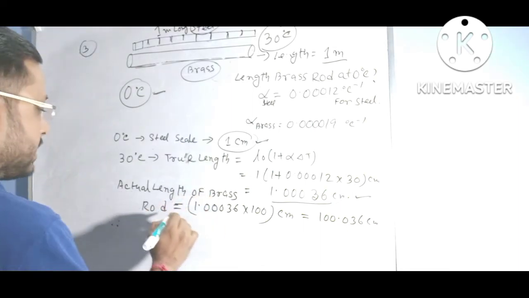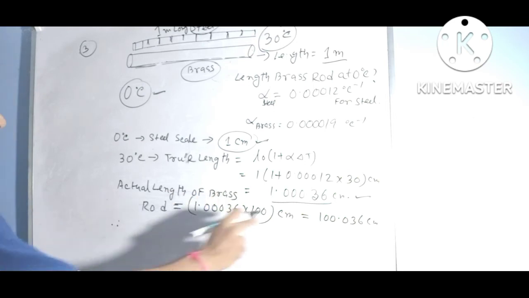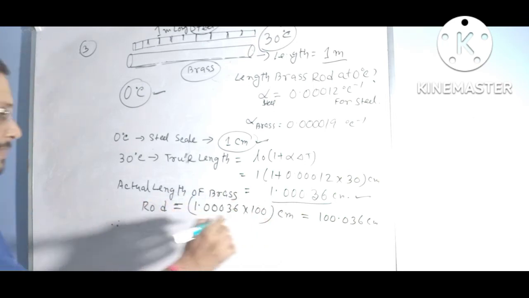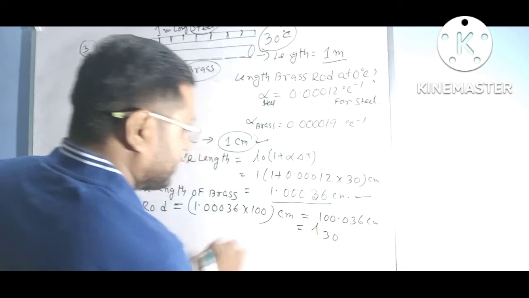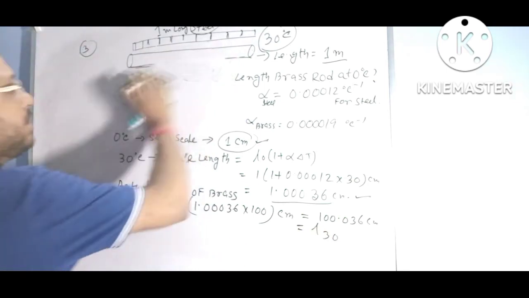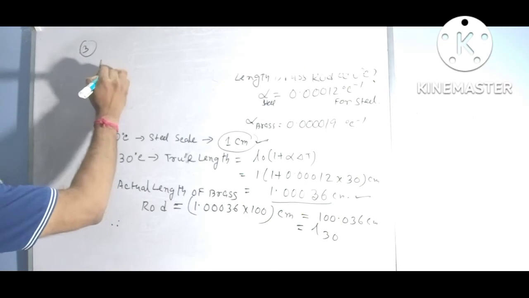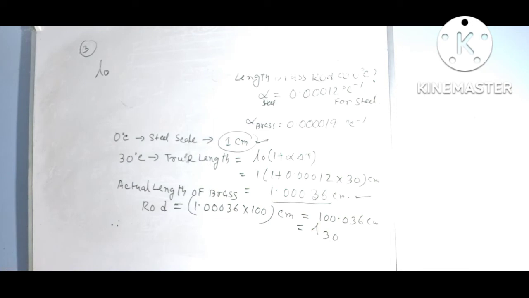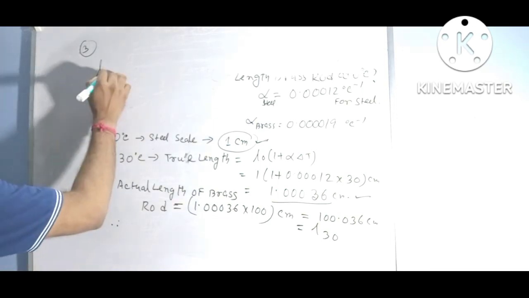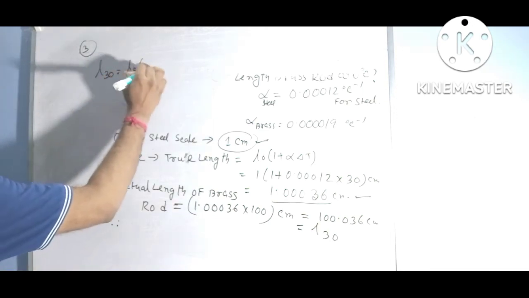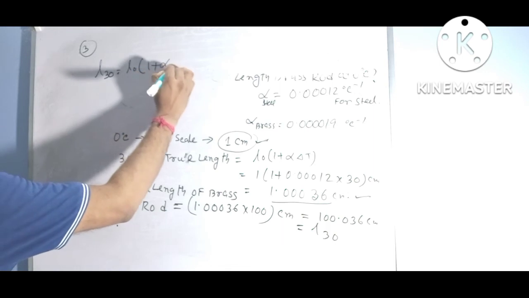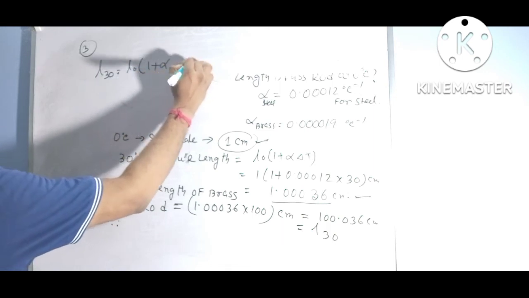Actual length of brass rod at 30 degree centigrade, that is, it can be said as L30. So we can find out the value of L0, that is the length of brass rod at 0 degree centigrade. We know that L30 is equal to L0 into (1 plus alpha brass into delta t).